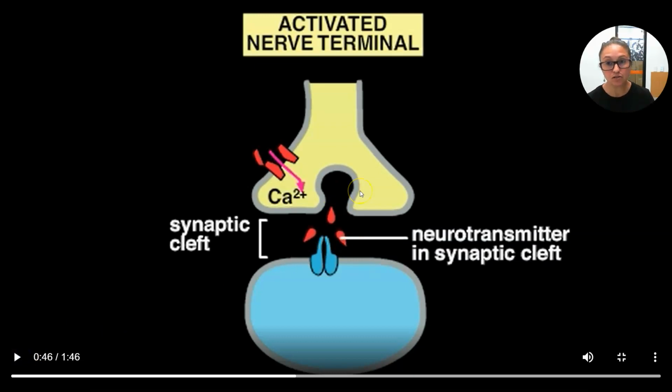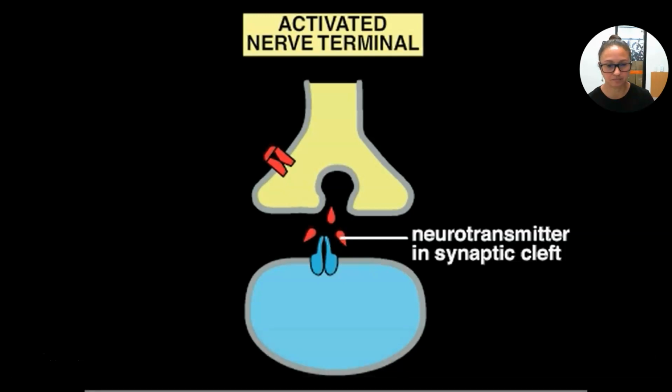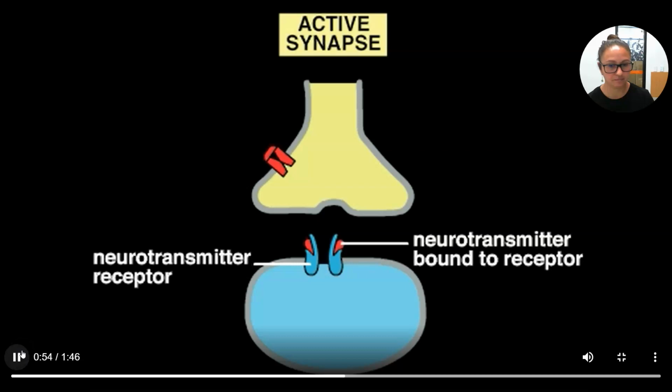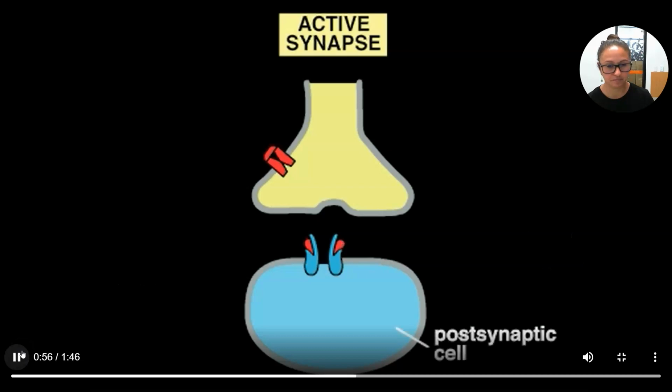So neurons are never in contact with each other. They are close to each other, but they never touch. So that means that the neurotransmitter diffuses into the synaptic cleft. The released neurotransmitters diffuse across the synaptic cleft, where they bind to and open the transmitter-gated ion channels in the plasma membrane of the postsynaptic cell.